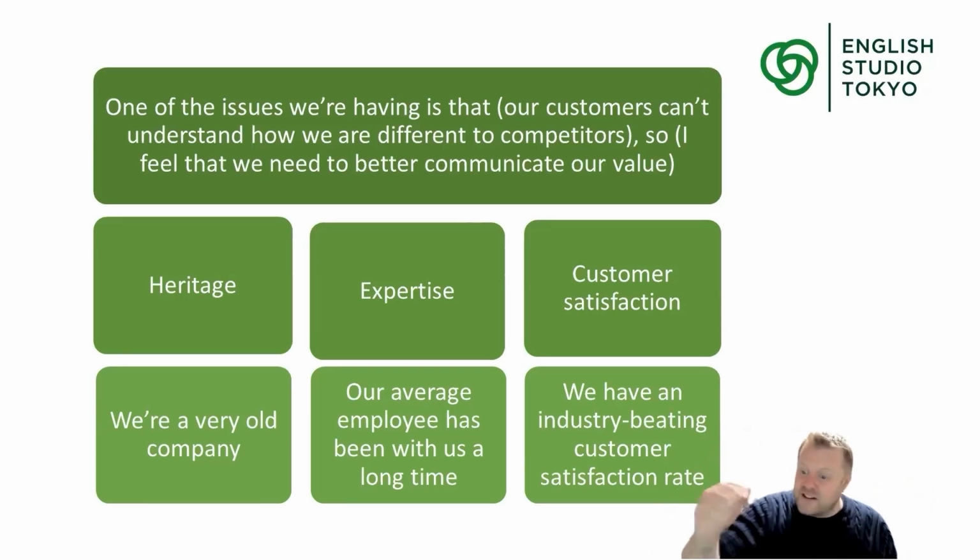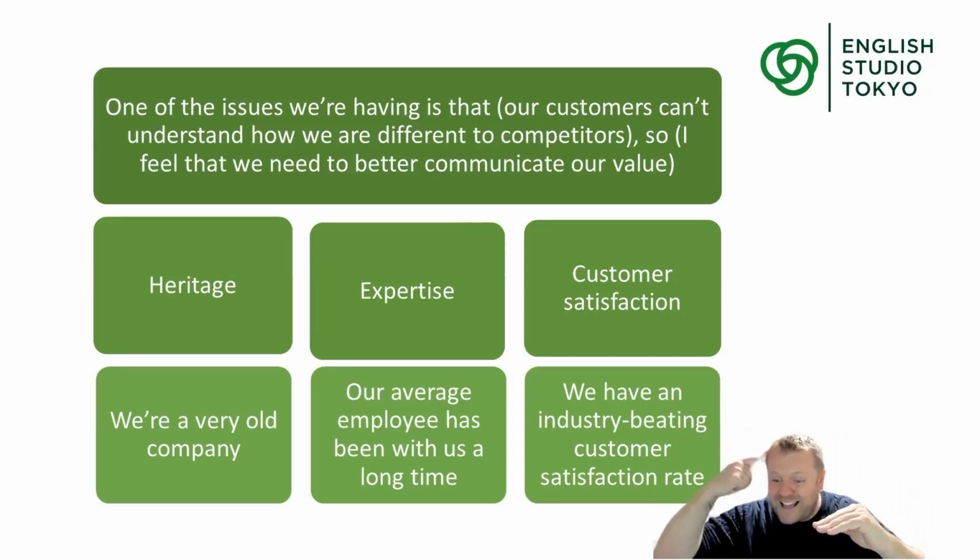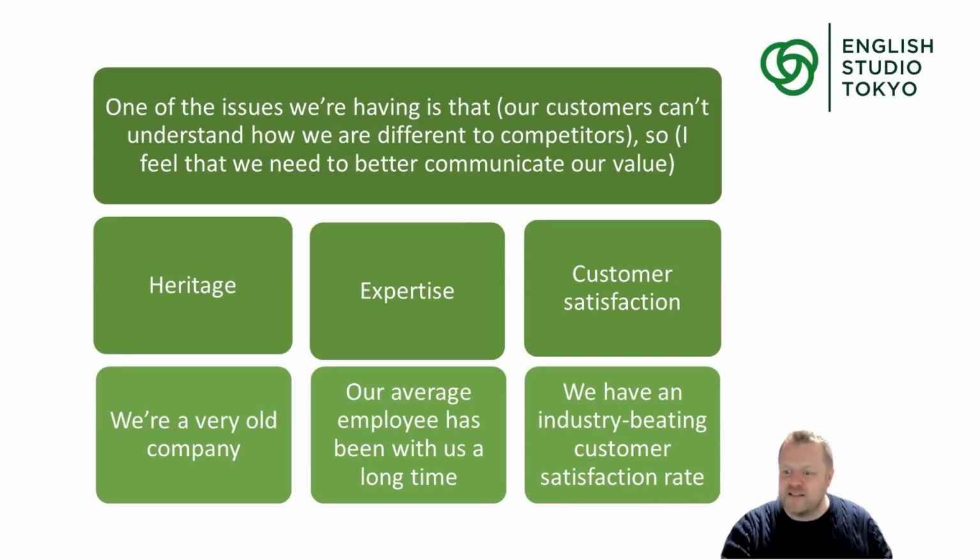I don't want to give everything first. I want to say, okay, now customer satisfaction, my reason: we have an industry-beating customer satisfaction rate. I want my listener to think, what is it? What is that rate? What is that number? Give me something to make me believe you. Tell me. That's the story I want happening in their brain.